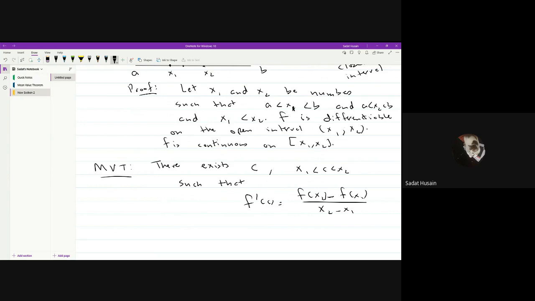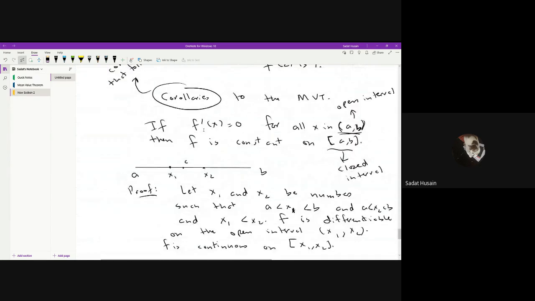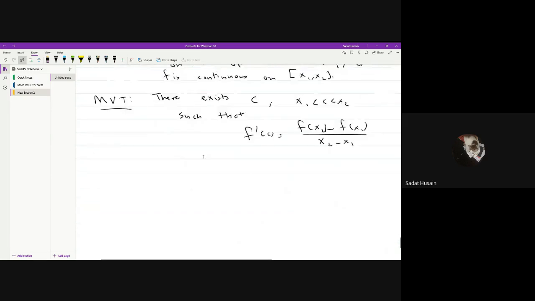Now, if that is the case, but f prime x is 0 for all x in a comma b, meaning if on the whole line f prime x is equal to 0, then we can say that f prime of c is equal to 0.